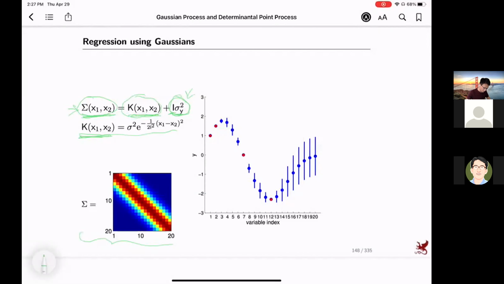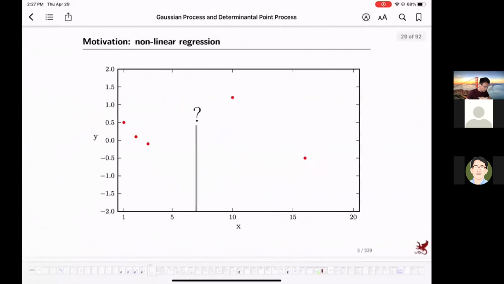So let me see, they're indices? If we look at this problem, right? So this could be x1 and this could be x2, and then we want to compute their covariance. So we plug these two values into the kernel function and then compute the covariance between them. They are not indices in this case.